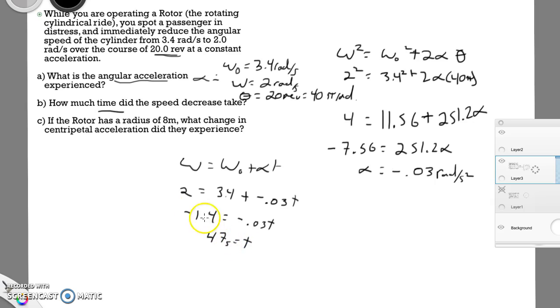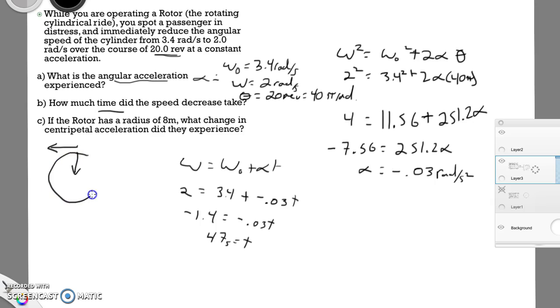Okay, and so that's a really long time, especially if someone's feeling sick or whatever that's going on there. Anyway, it asks for the change in centripetal acceleration. So we've been talking about tangential acceleration, and when we talk about the linear quantities, we want the centripetal one.